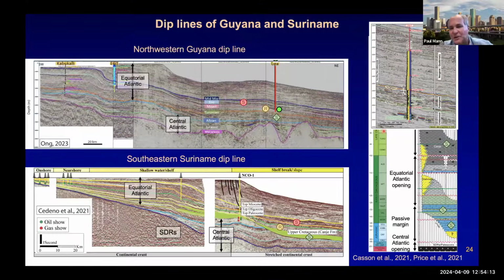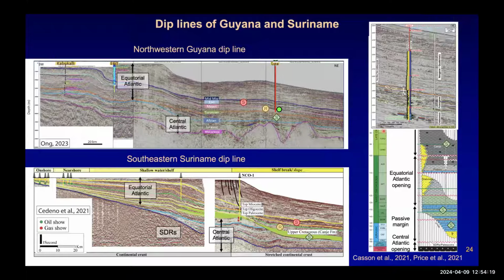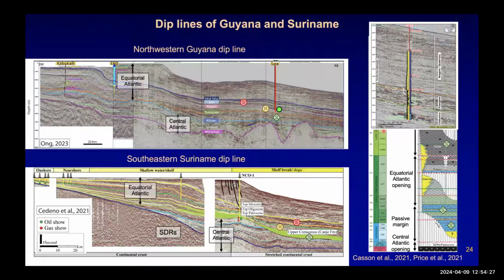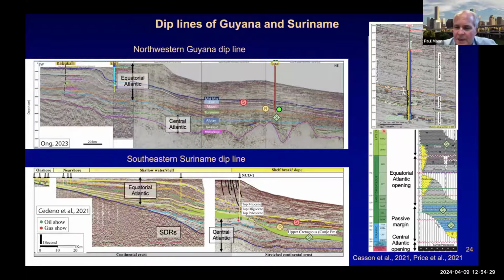No, oh, first of all, Senegal, you're right. That's the Central Atlantic, so that's the older Triassic-Jurassic opening. But like I was saying earlier, for Guyana, you're at the boundary, right? So you have both the Triassic-Jurassic, which is very obscure because it's buried under the later equatorial Atlantic rifting passive margin.